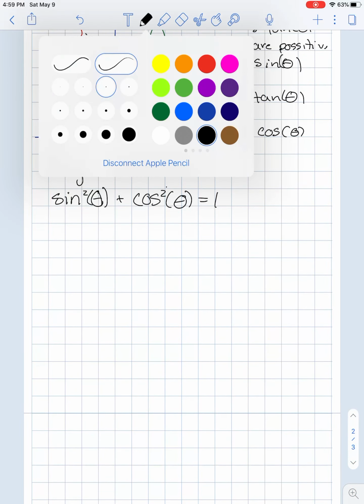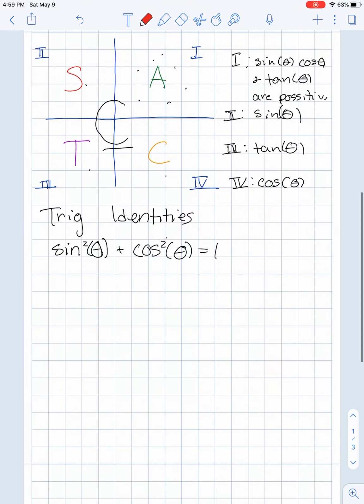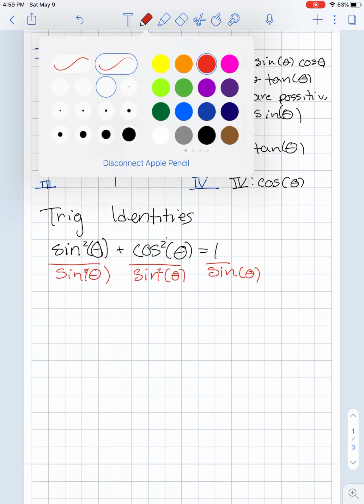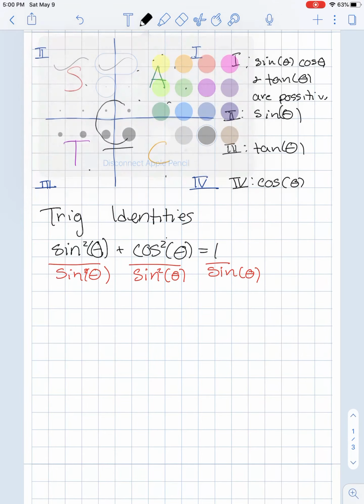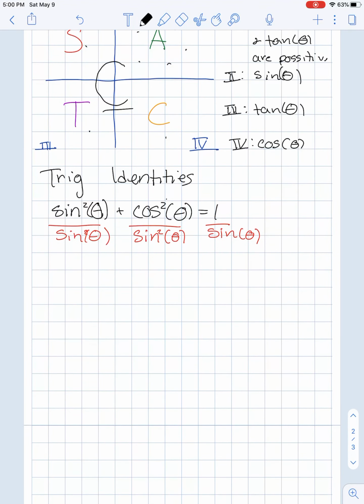So if I take each one of these and divide it by sine squared theta, which I can do because when I'm doing it to one side, I'm doing it to both sides. So that tells us sine squared theta divided by sine squared theta, or anything divided by itself, that's just 1.